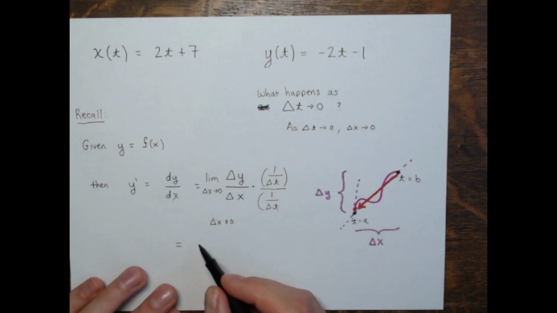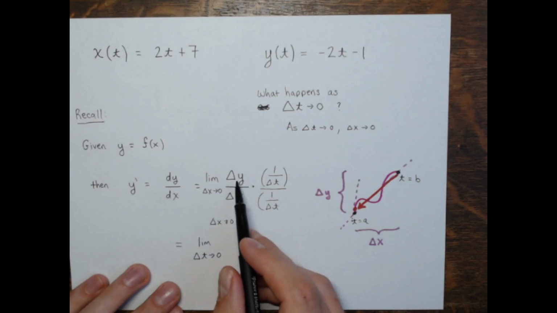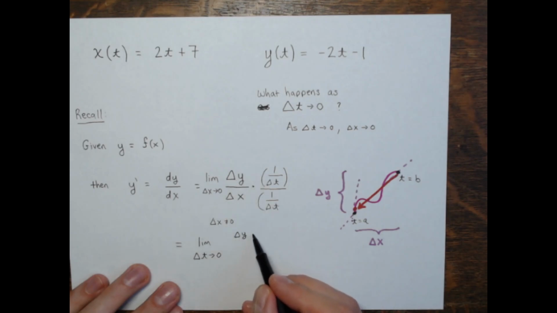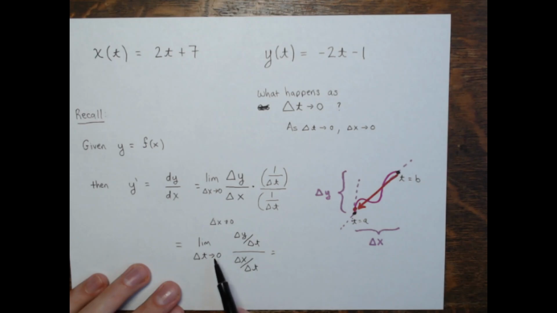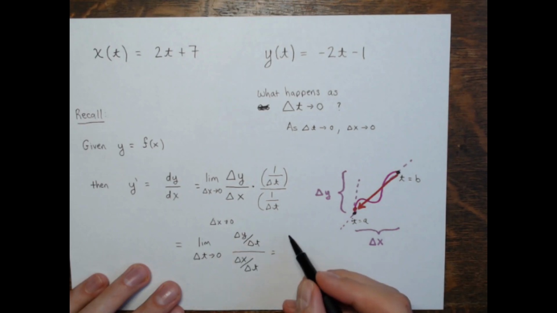All right. I'm going to change this now to the limit as delta t approaches 0 of, numerator here is now delta y over delta t, and the denominator is delta x over delta t, and each of these separately, with delta t approaching 0, are the derivative of y with respect to t in the numerator, and the derivative of x with respect to t in the denominator.